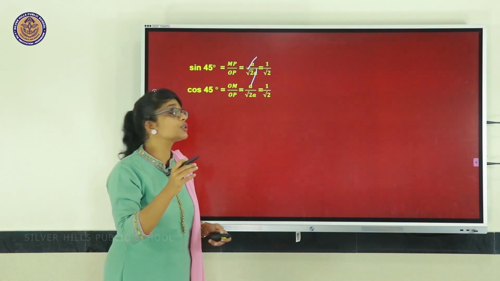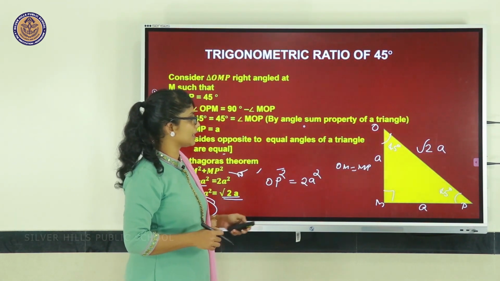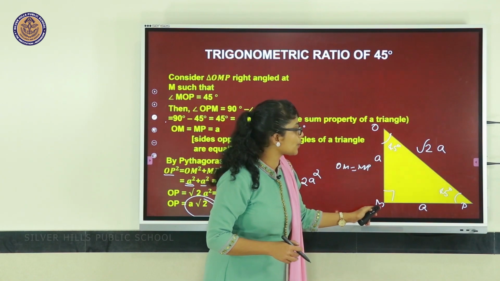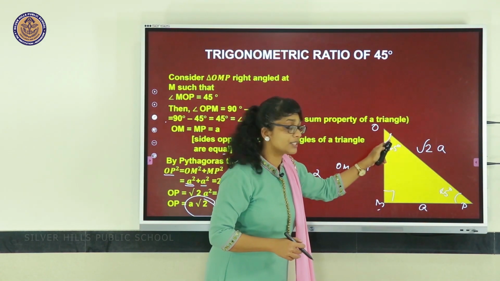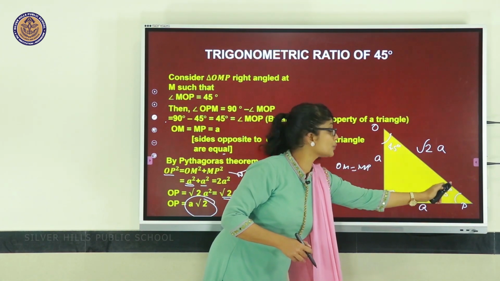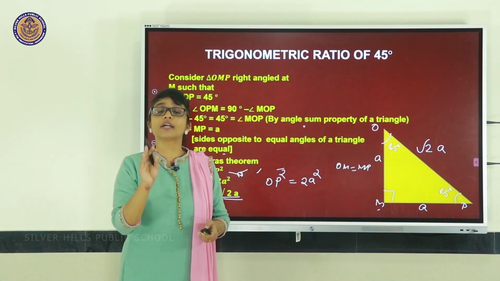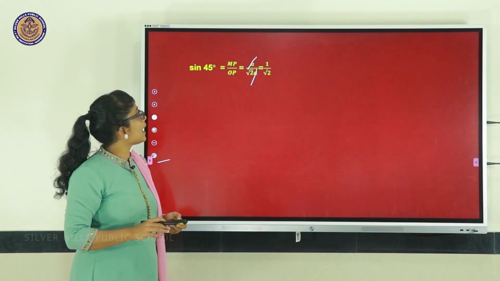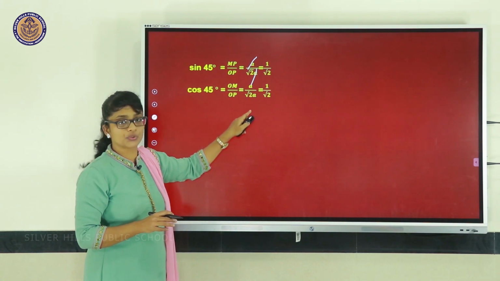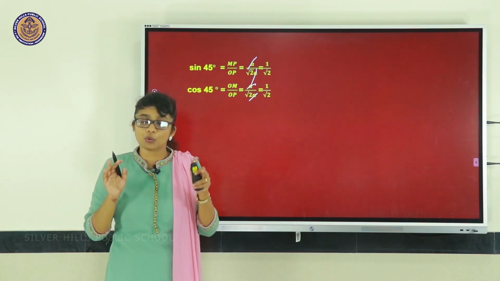Here, adjacent to angle 45, OM equal to A and MP equal to A. Adjacent to this angle 45, that is OM, that is also A. So, the adjacent side is A. We can say that cos 45 equal to A by root 2 A. Here also A we can cancel, then it is 1 by root 2.